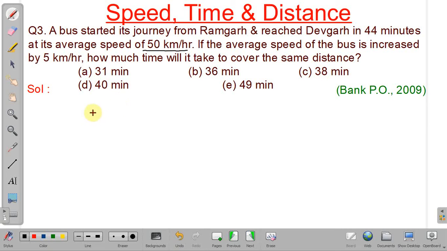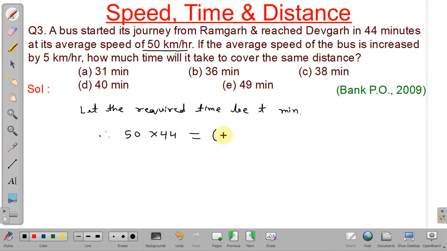Okay. Therefore, let the required time be t minutes. Therefore, distance traveled with speed of 50 km per hour and time 44 minutes. So 50 into 44, and this must be equal to increased speed into required time.